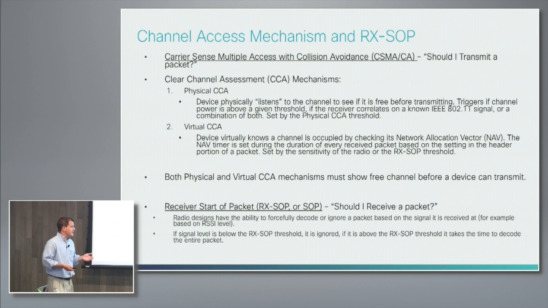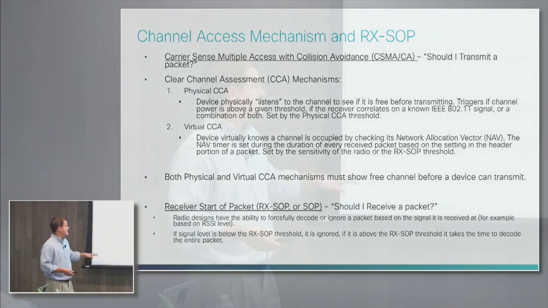Hardware today can control whether to receive a packet based on the signal level it's received at. That's where the term start-of-packet comes from: is this really a start of packet or not? We can determine whether to go through the time of decoding a packet, which for low data rates can be very long, based on the RSSI level of that packet.